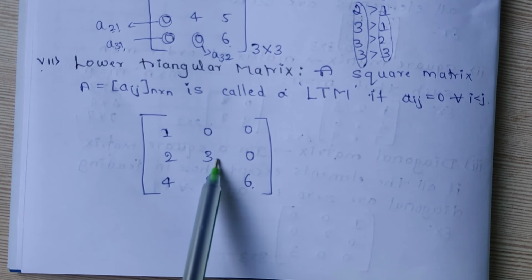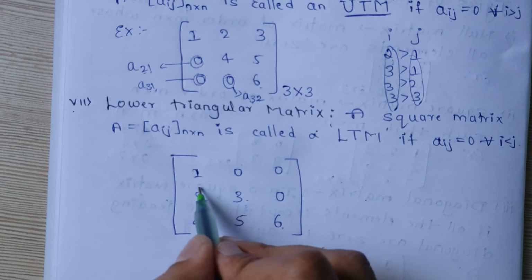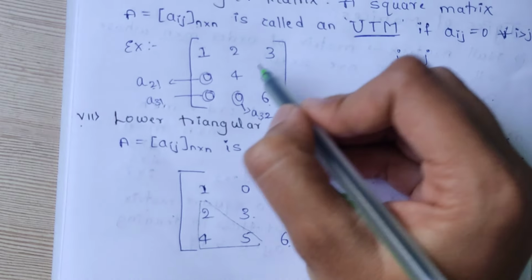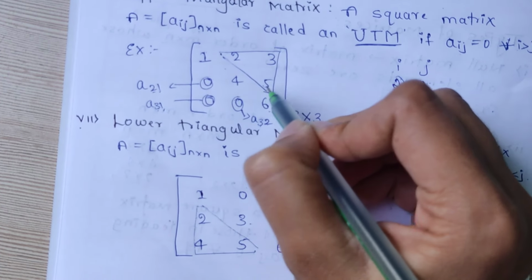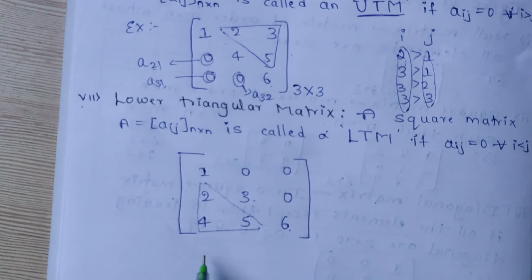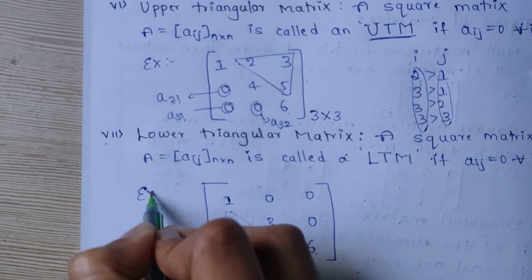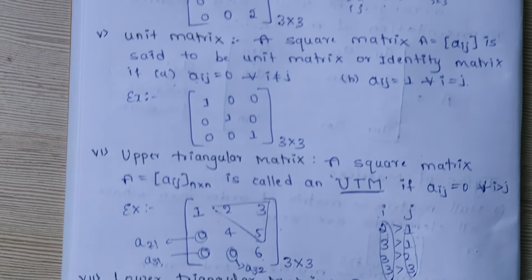So this is a lower triangular matrix. So see, the triangle is formed on the lower side here, and here the triangle is formed on the upper side. So it is called upper triangular, and this is called lower triangular. In the simple way we can remember this. Okay, these are all the types of matrix.